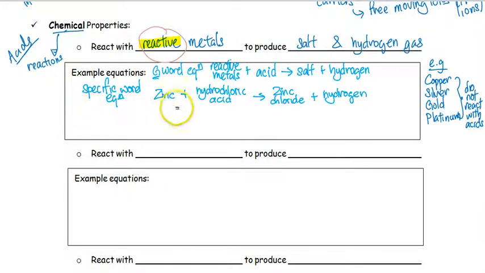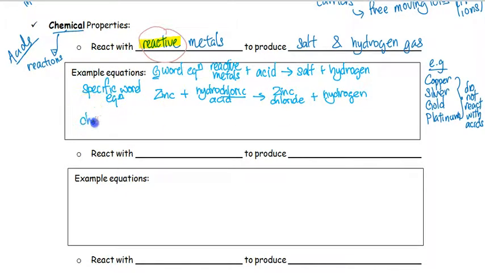If you look at it carefully, hydrochloric acid, the salt form will be the metal with the chloride. Hydrochloric will turn into chloride. Later on we'll look at more examples, but just take note: when hydrochloric acid reacts with something, the salt produced will always have the word chloride at the end.